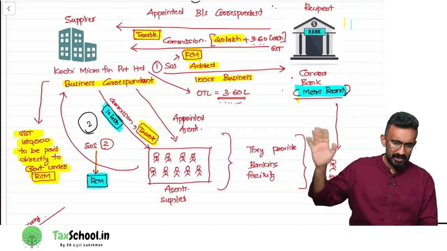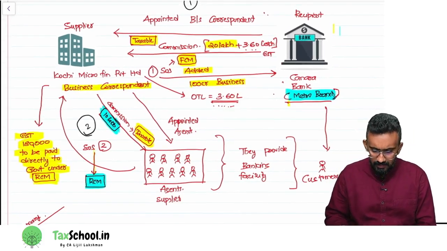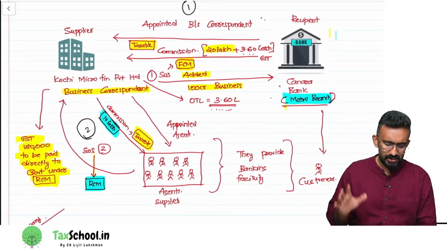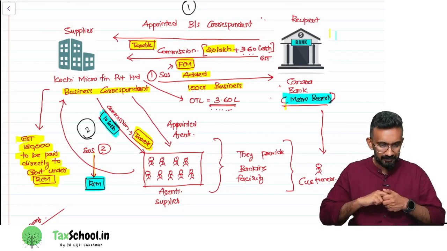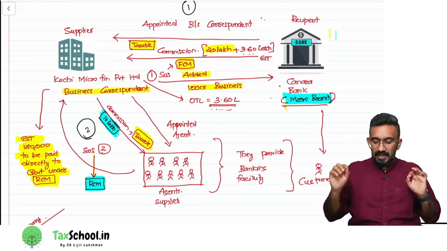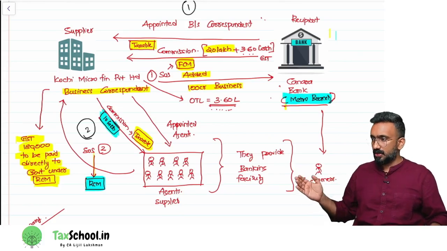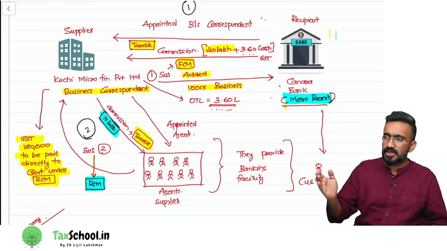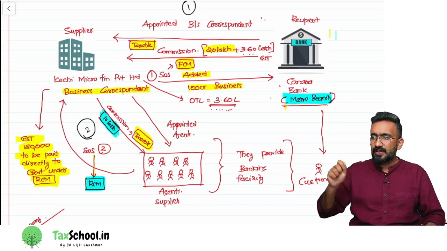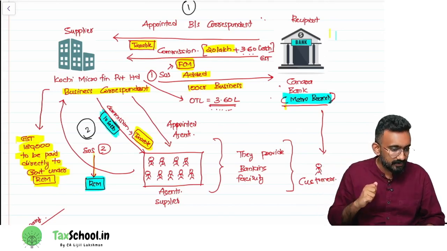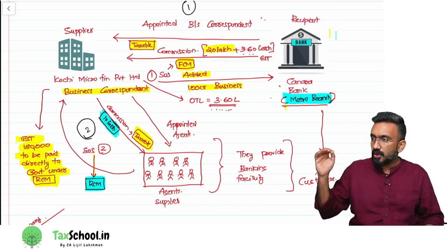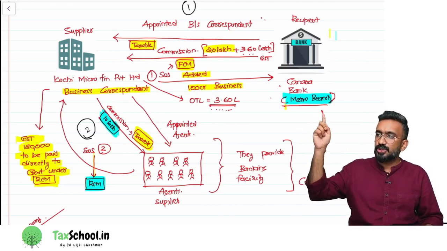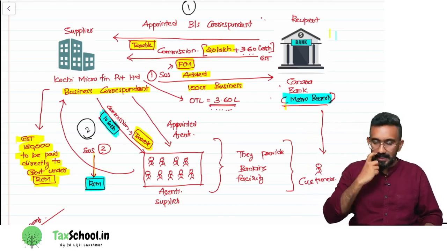So let's say Canara Bank is a metro branch. Canara Bank and Kochi Microfinance have a tie-up. Using this tie-up, a Canara Bank customer can go to any of these agents, use their cards and withdraw money. This is the benefit they're getting. For this, Canara Bank is paying commission to Kochi Microfinance, which is 20 lakh.